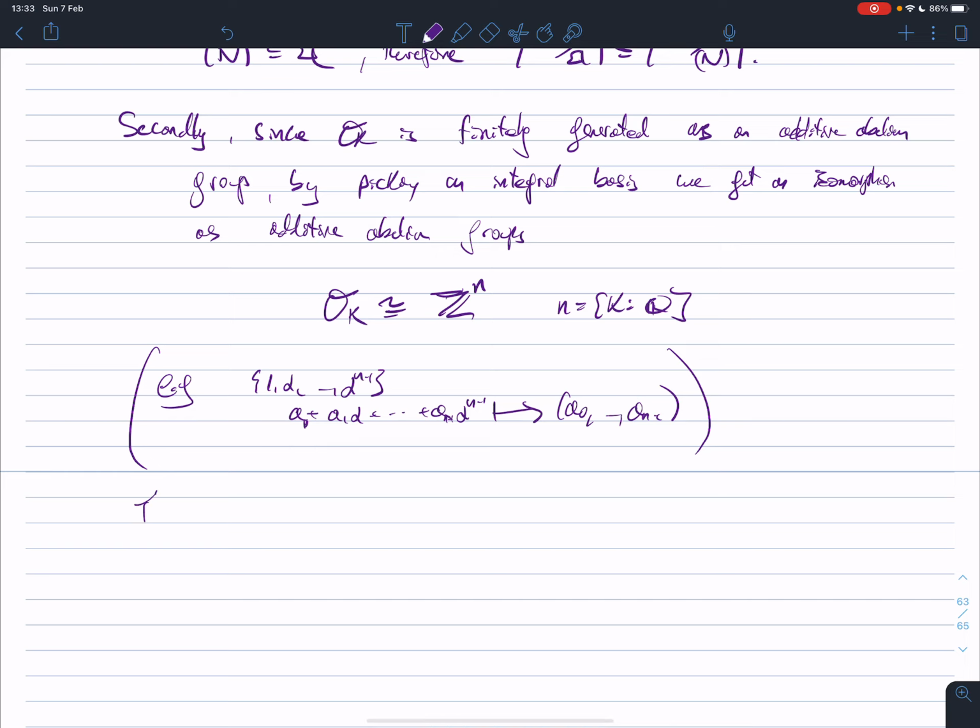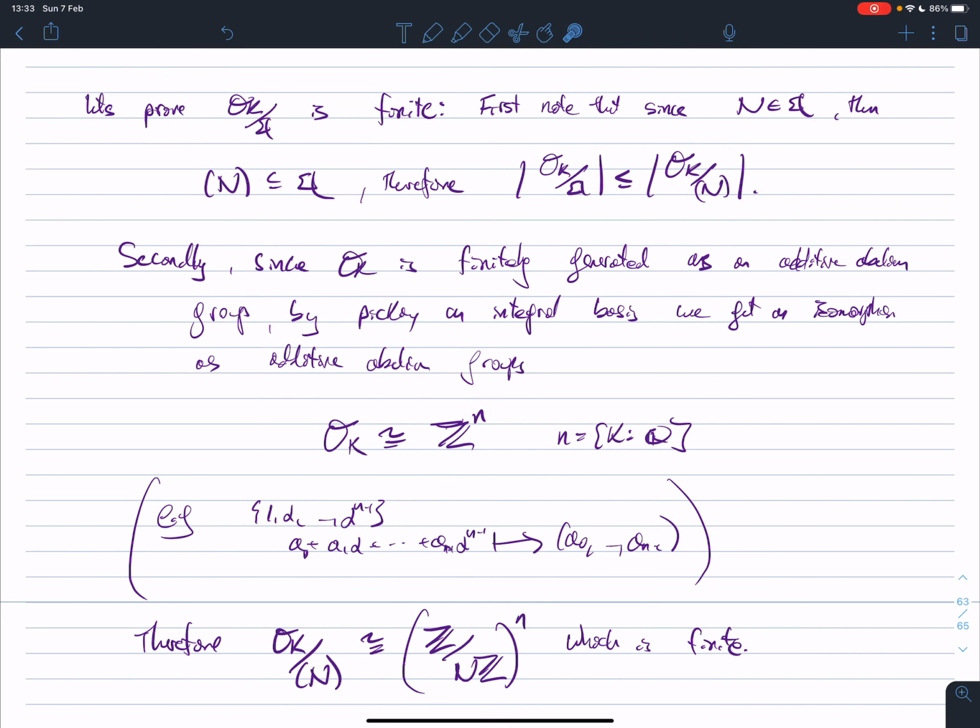What does this mean? Therefore, O_K mod the ideal generated by n is isomorphic to a bunch of copies of Z mod nZ, which is finite. And therefore, I just said that the size of O_K mod your ideal is smaller than the size of O_K mod n.